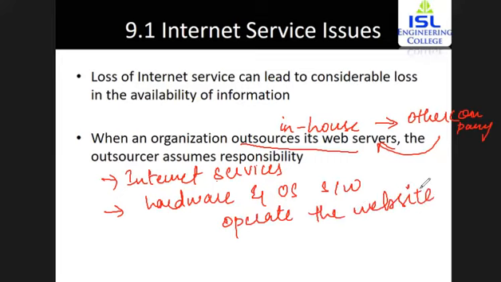That is, whenever you're working on software built by other company people, it is the job of the other company to check your internet services and all the hardware and operating system services that are used to operate a particular website.